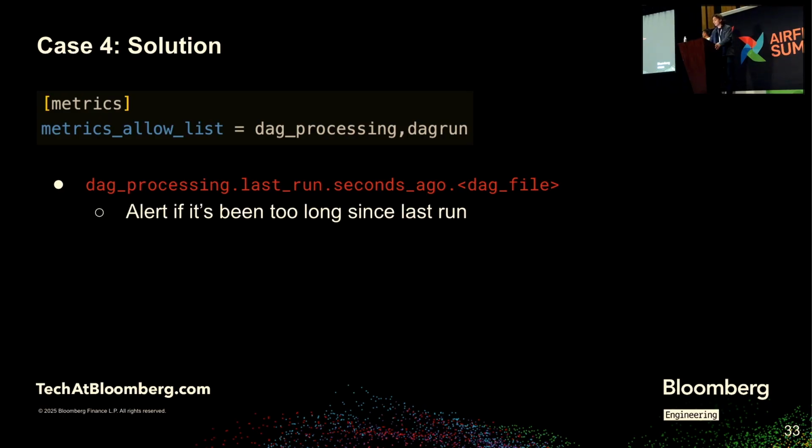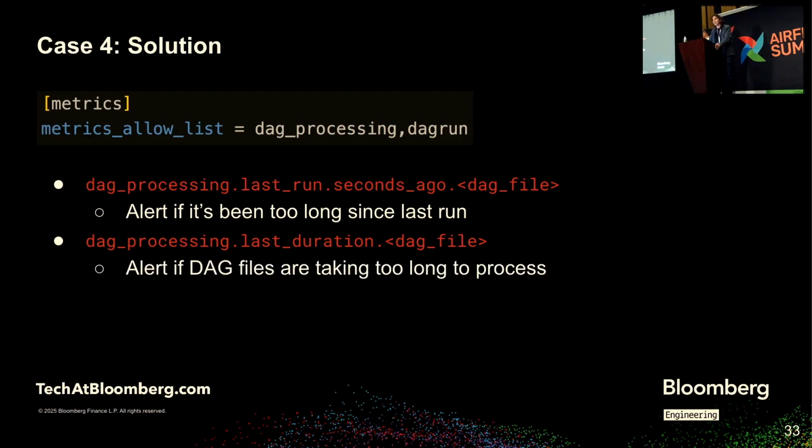And we use this to alert if it's been too long since the last run, indicating an issue with a DAG processor. We also track dag_processing.last_duration to make sure that the DAG processing isn't taking too long and allows us to take actionable steps like splitting large files into smaller ones.